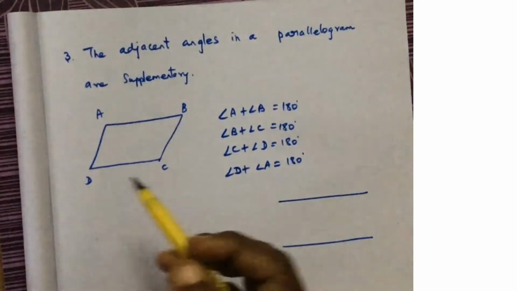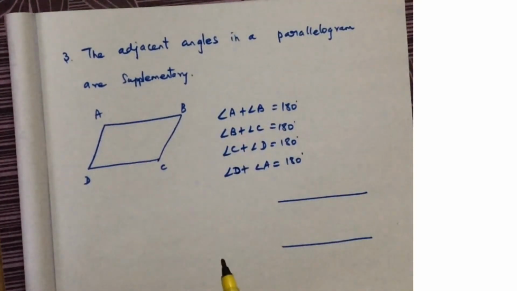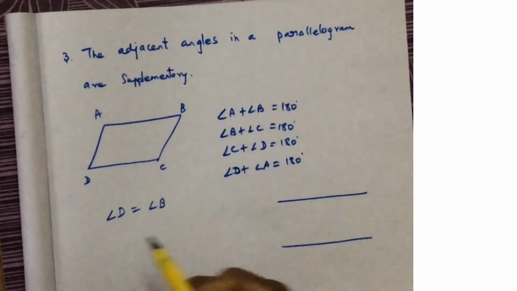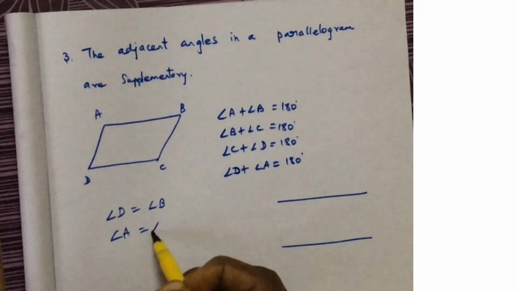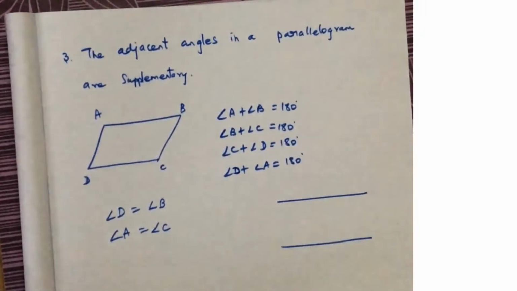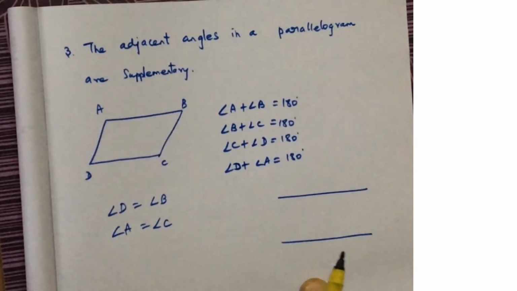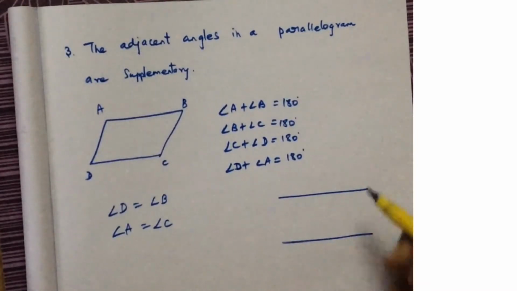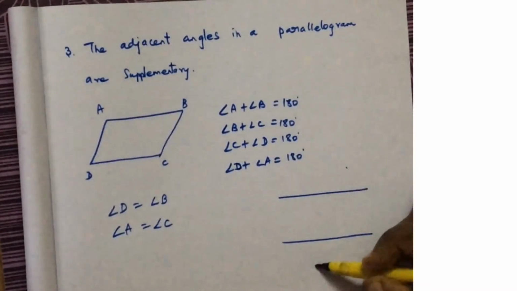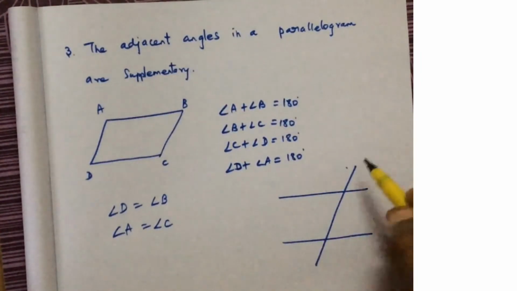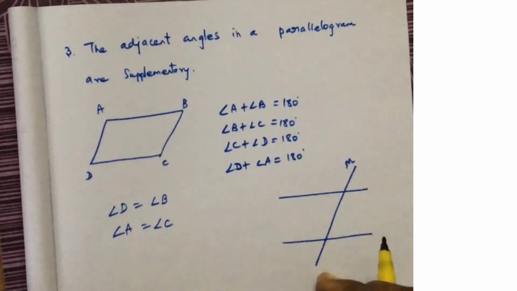Just now we studied that opposite angles in a parallelogram are equal, which means angle D is equal to angle B, angle A is equal to angle C, because of the property that opposite angles in a parallelogram are equal. Now in 7th standard you studied, if there are two parallel lines and another line is going like this, we can see this line is a transversal to these lines. Let me mark it as M. M is transversal to these two lines.